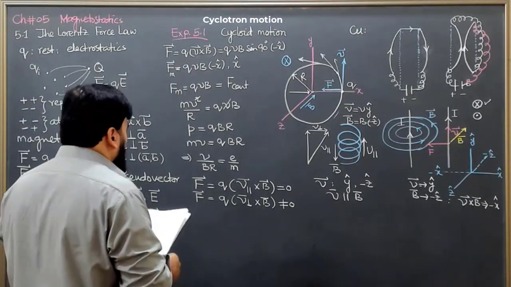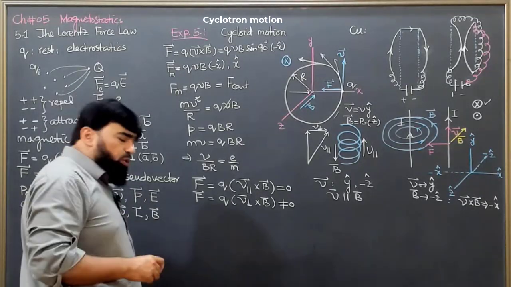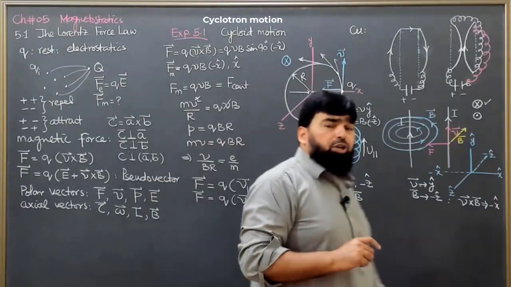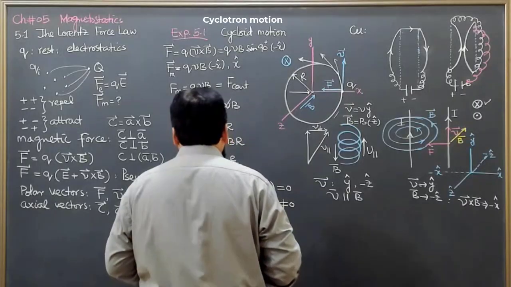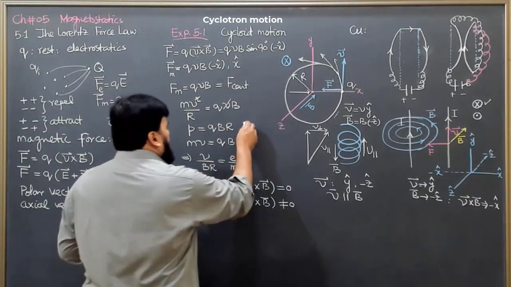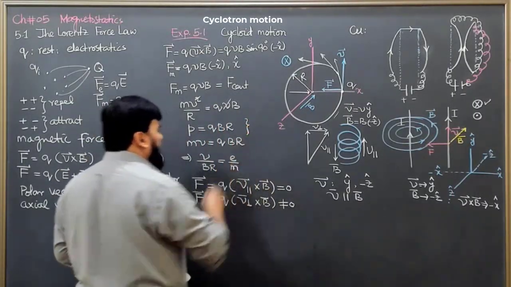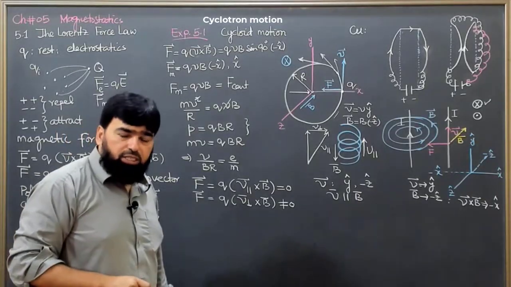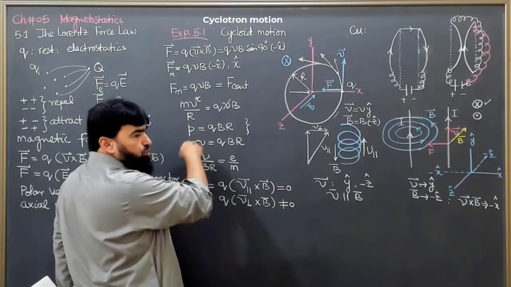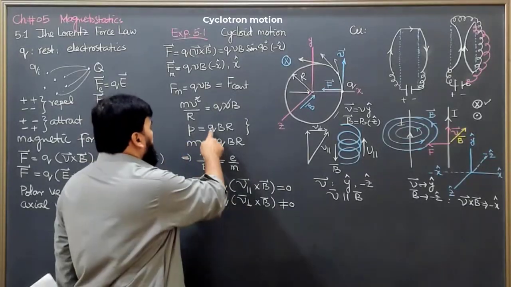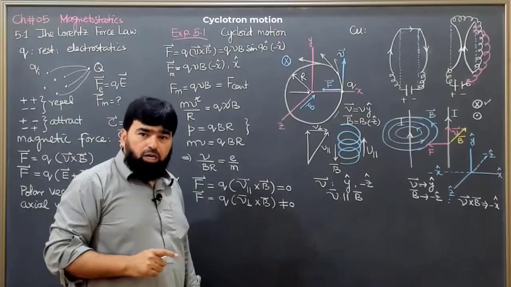So this way, from a very simple geometry, we can have a number of applications. For example, we use the same tactics in accelerators. We can accelerate the particle, means we can increase its momentum with the help of qvB.